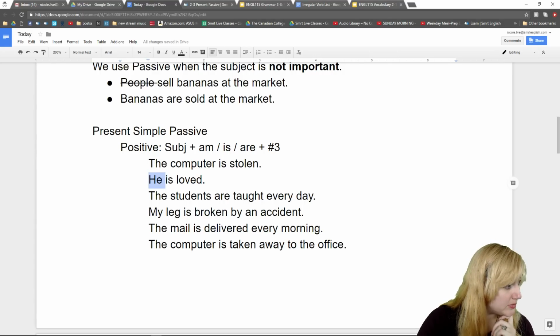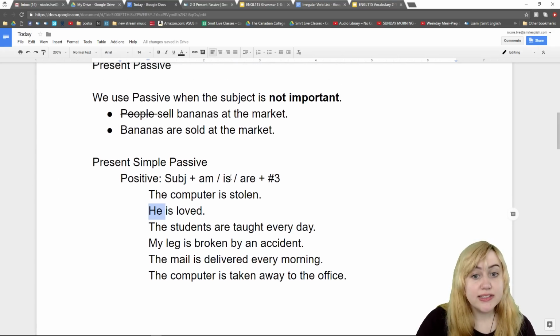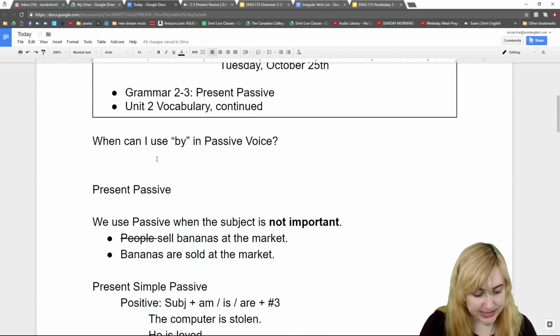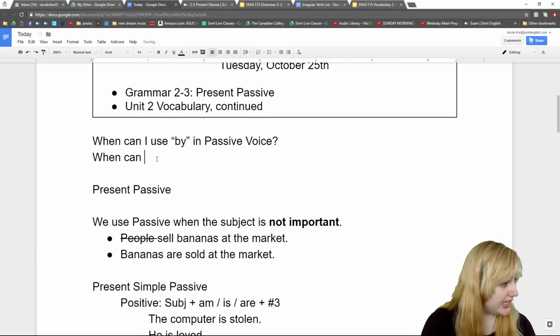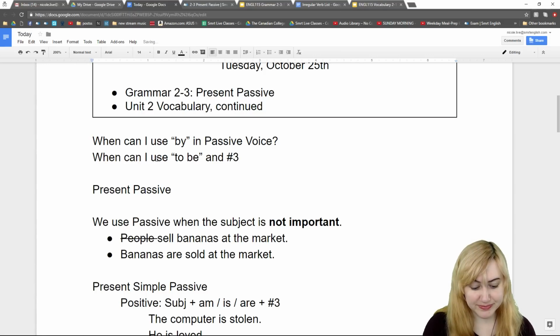When do we use to be and past participle? Oh, that's a good question. So someone asked, when can I use to be and verb 3, the past participle?